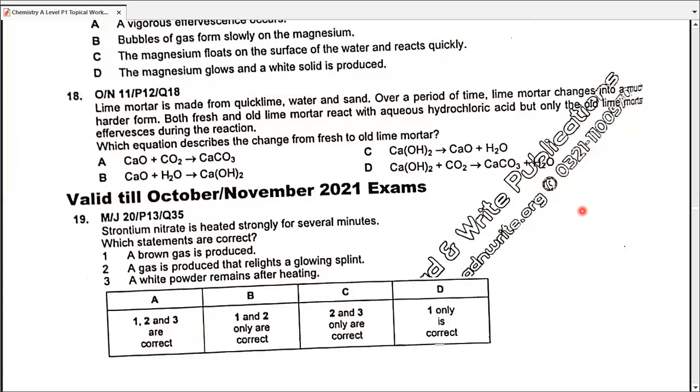It's made from quicklime, calcium oxide, and water, and sand. Okay. Over a period of time, lime mortar changes into a much harder form. Both fresh and old react with aqueous hydrochloric acid, but only the old one effervesces during the reaction.